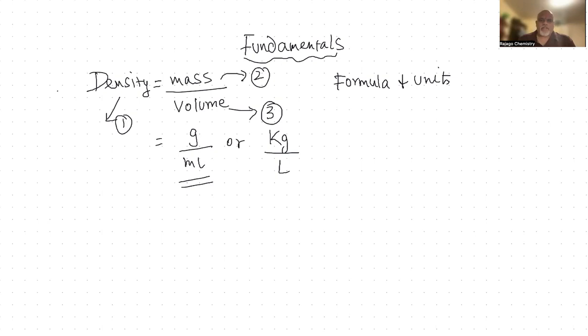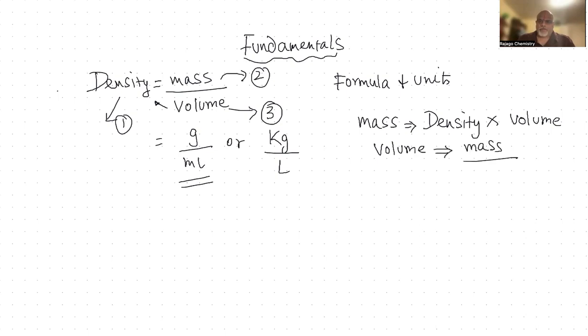If I have to find the mass, I can move the volume to this side and write mass is equal to density times volume. Or if I have to find volume, I can interchange and write volume is equal to mass over density.